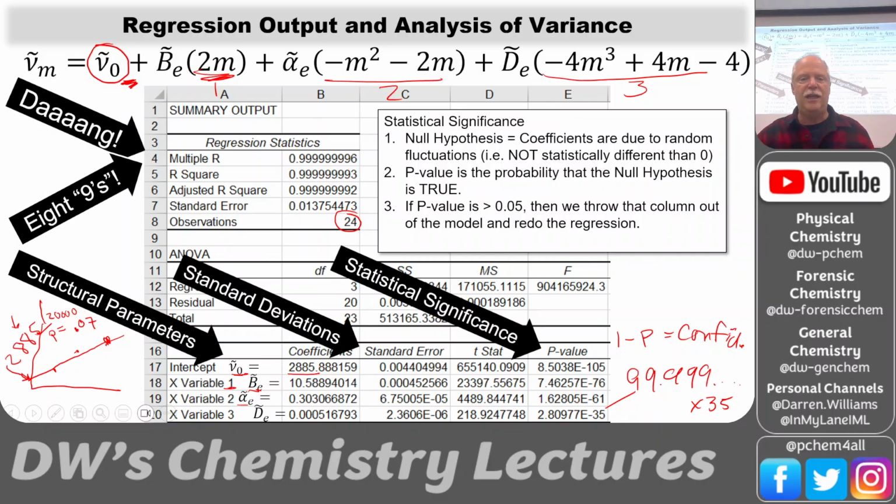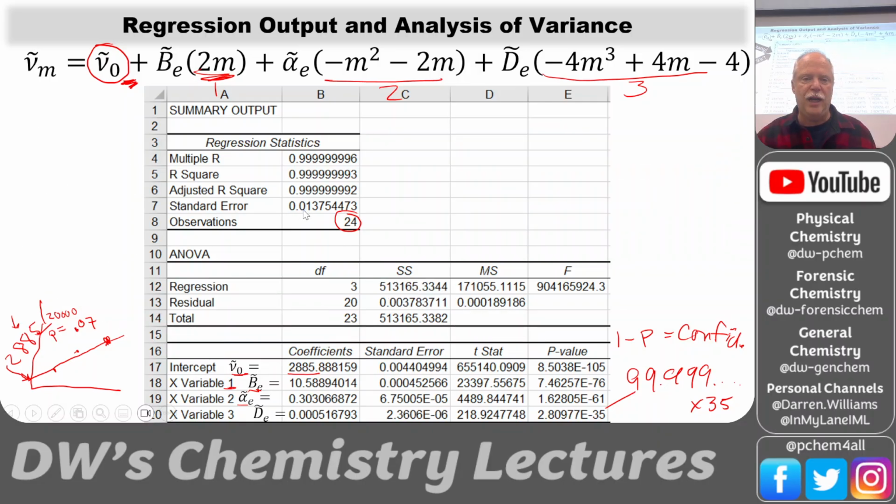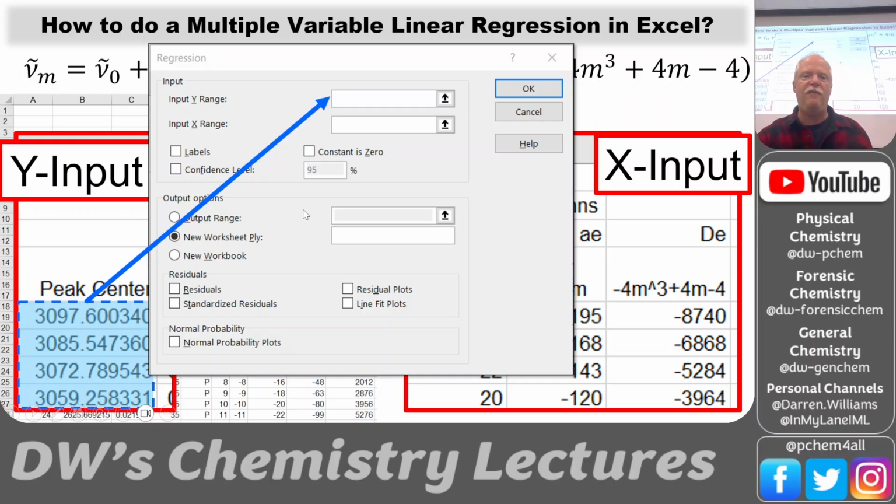So that's just when we go back up here to our selections, if our p-value was too big for the intercept, and we want to throw it out, then we would select this right here. We would say our constant is 0. And then it would not model the intercept. It would fix the intercept at 0, and then it would just model the other lines. Okay.